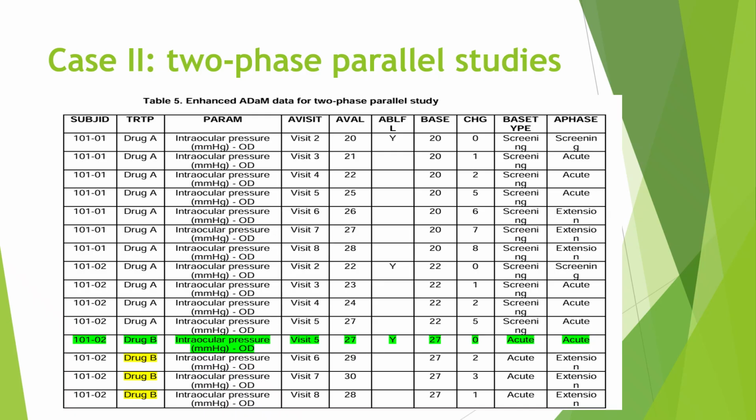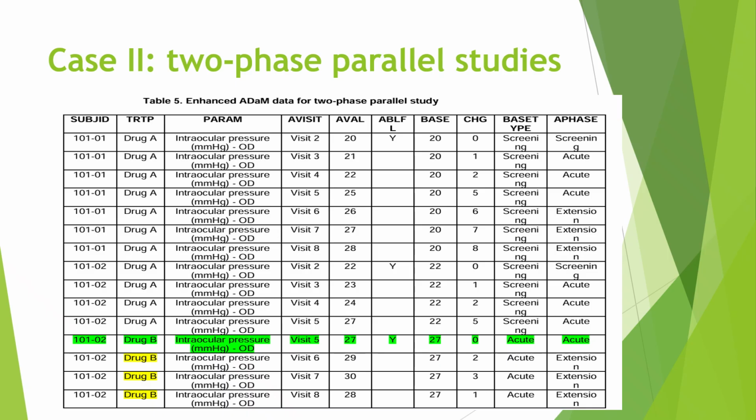But to show the extension records, we have created a new record where the baseline is defined as the last non-missing record before the start of the treatment in the second phase. So in this scenario, the record highlighted in green shows the information of the baseline record for the transition from the acute phase to the extension phase.